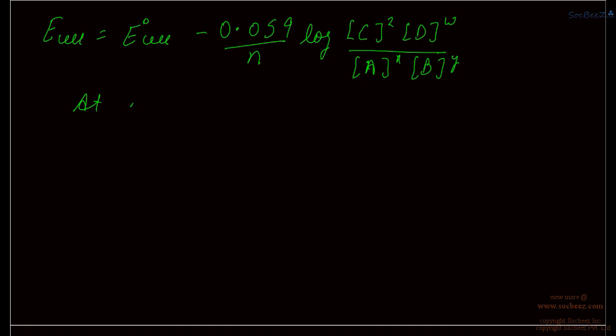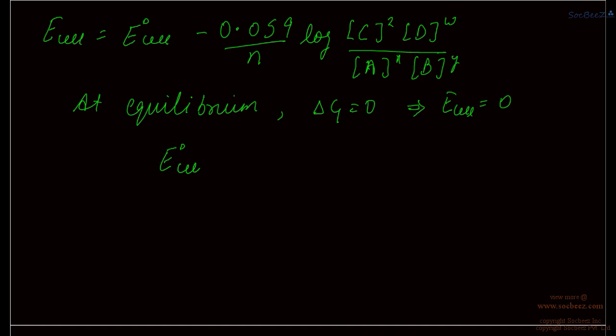Now at equilibrium, since delta G equals 0, E of cell equals 0. Therefore at equilibrium, E naught cell becomes RT upon nF ln K, and this K is nothing but the equilibrium constant.